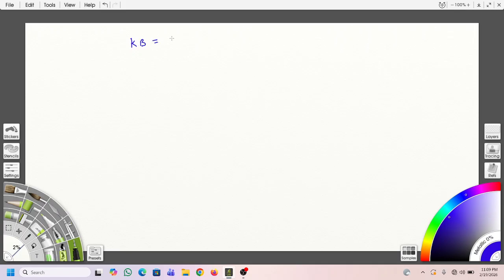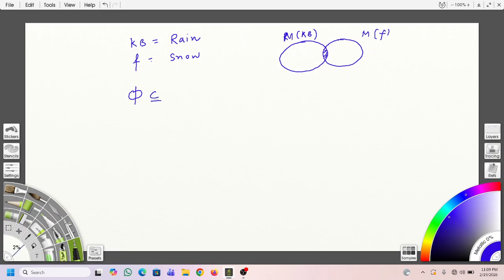That means in our knowledge base there was only one statement, KB, and a formula is snow. So if I draw the diagram for rain, it is like this, or M of KB is like this, and then there is an intersection and we have M of F. This intersection part, phi, is a strict subset of M of KB intersection M of F, and this part is a strict subset of M of KB.